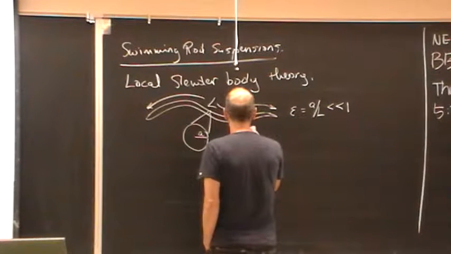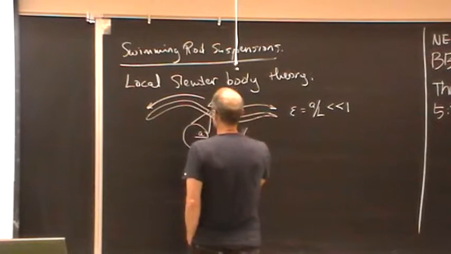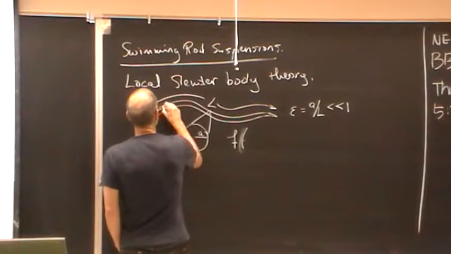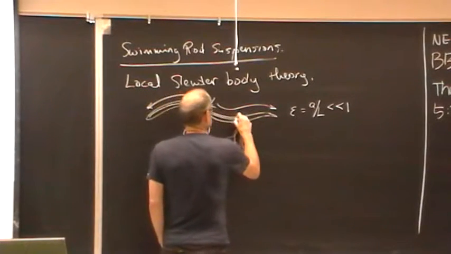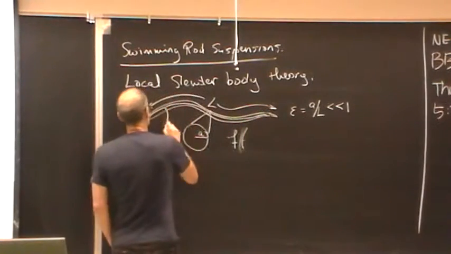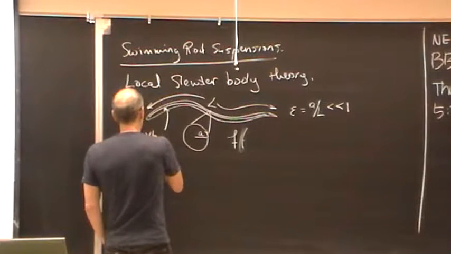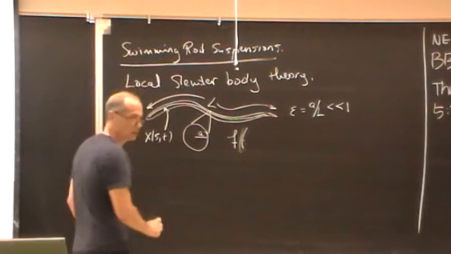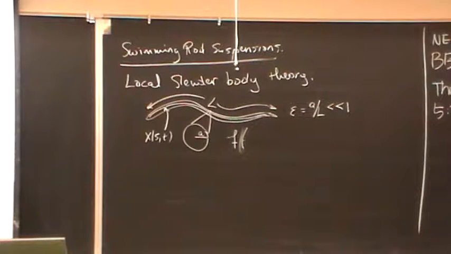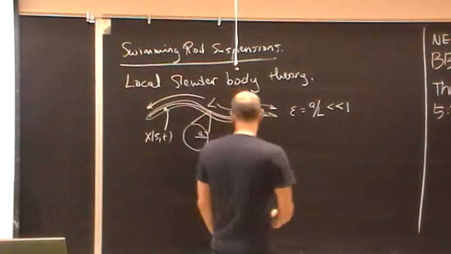So f, which is going to be a function, here, let's give myself a center line. I assume it's an inextensible object, so I'm going to use the arc length as a material variable in this case.